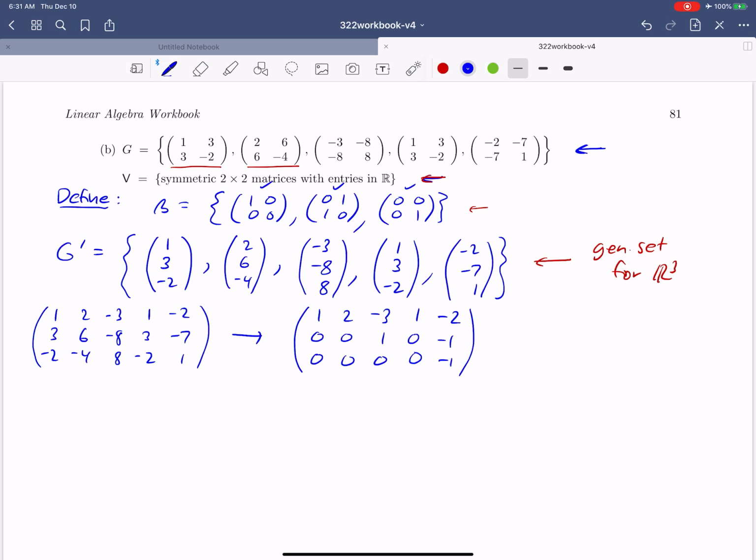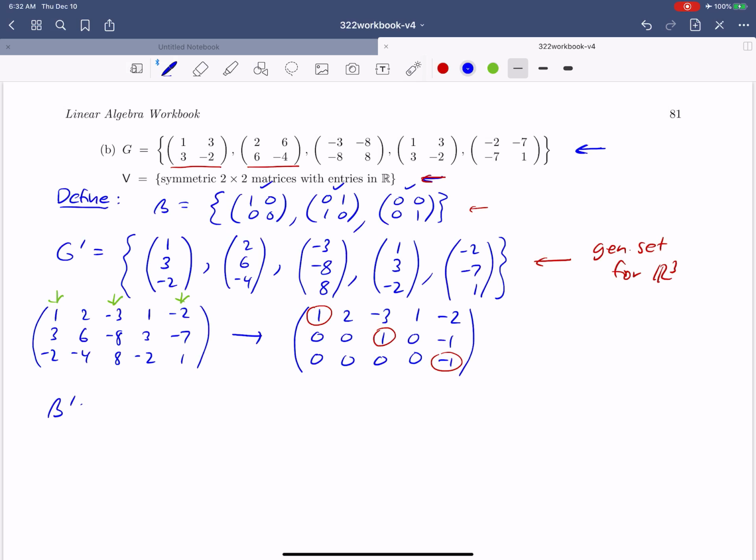It comes down to where the pivot positions are, so we circle those. There's the first non-zero entry, another one, and another one there. So we've got pivots in the first, third, and fifth columns. Marking those in our original matrix means that those three columns in our original matrix would form a basis for R3.